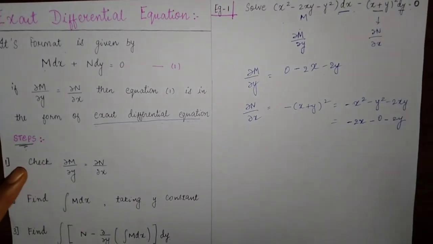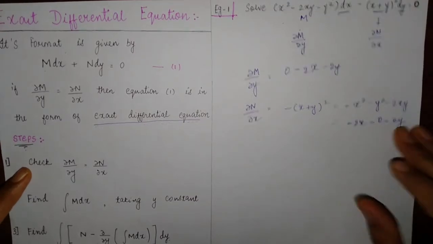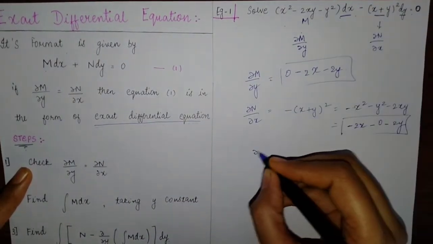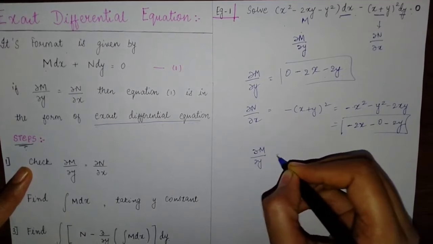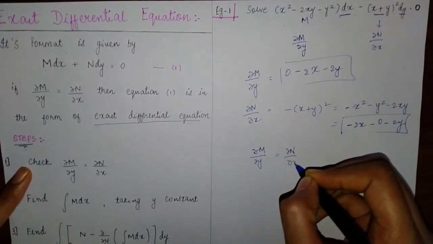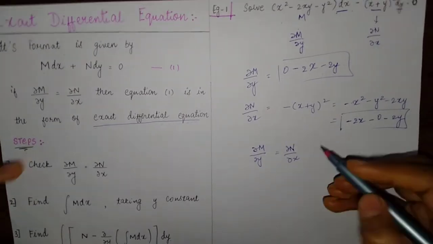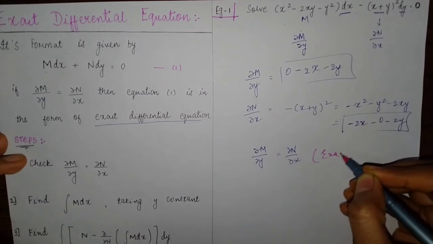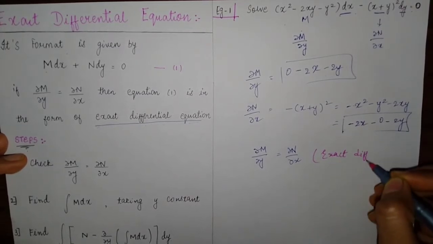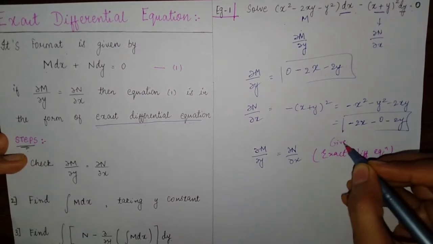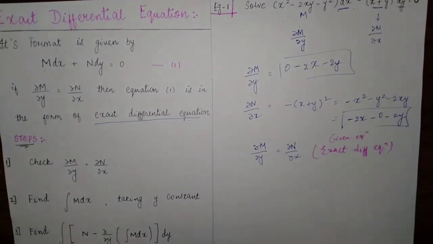So we got del M by del y and del N by del x, and we can see that both these terms are similar. And as del M by del y is equal to del N by del x, the given equation is an exact differential equation.